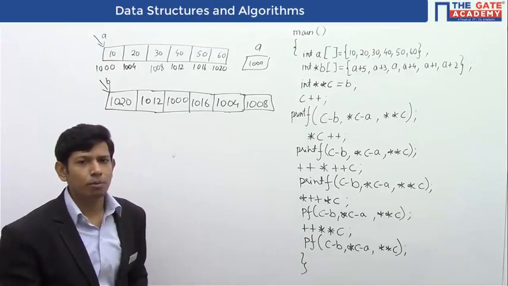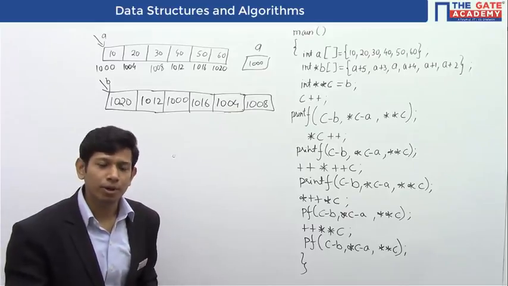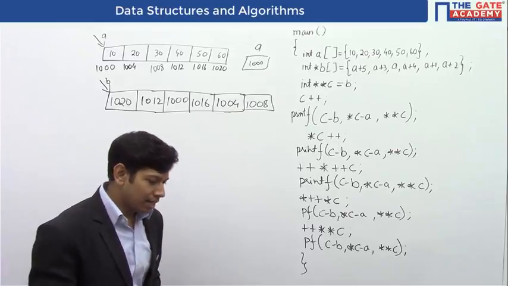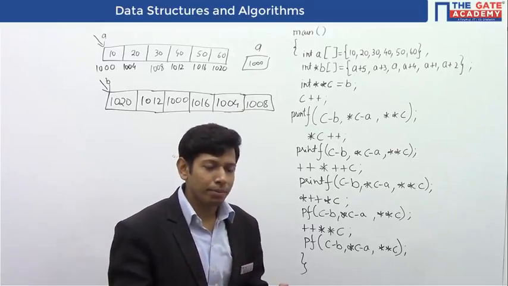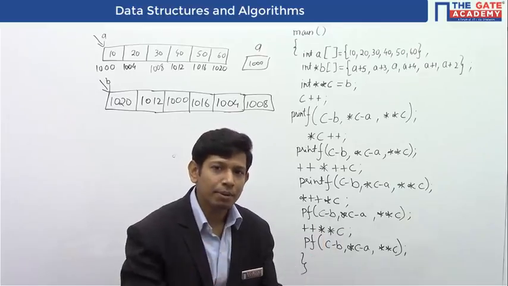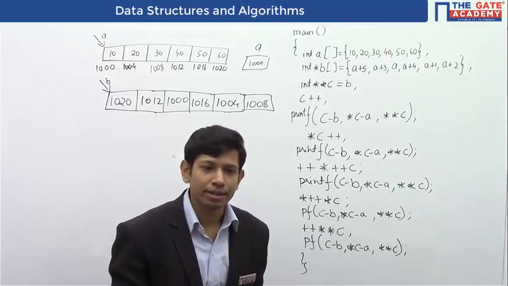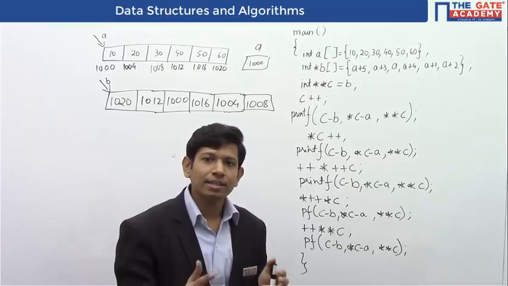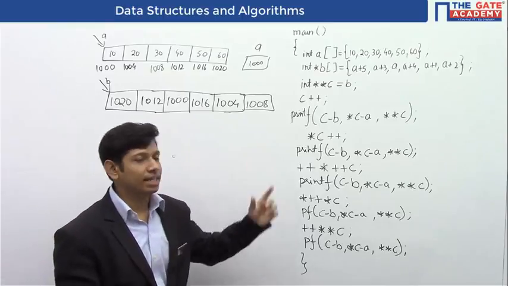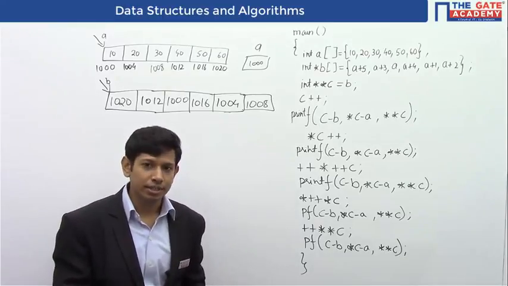Now what does this double pointer mean? Since it's a double pointer, it points to a memory location, and at that memory location also there is a pointer. So the data at the location pointed by C will also contain a pointer.